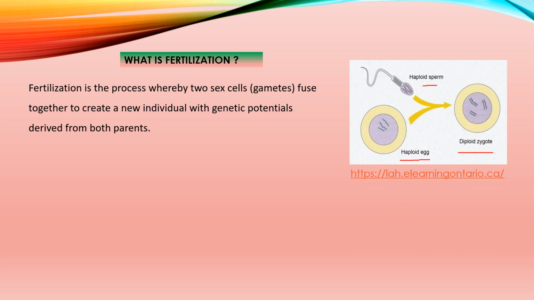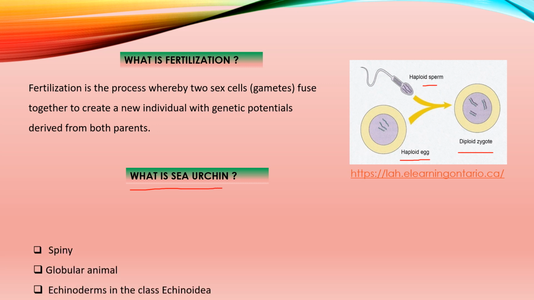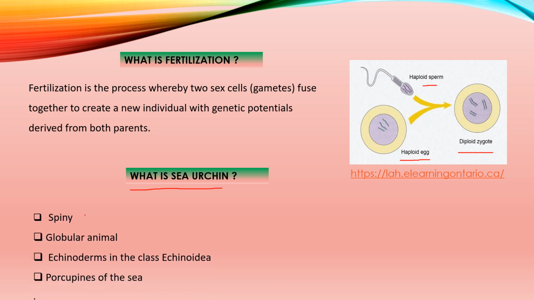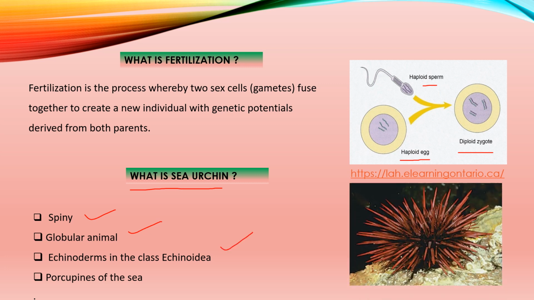In this chapter we are focusing on fertilization in sea urchin. So let's know what the sea urchin is. The sea urchin is a spiny globular animal belonging to the phylum Echinodermata. As it looks like the porcupine, it is called the porcupine of the sea.